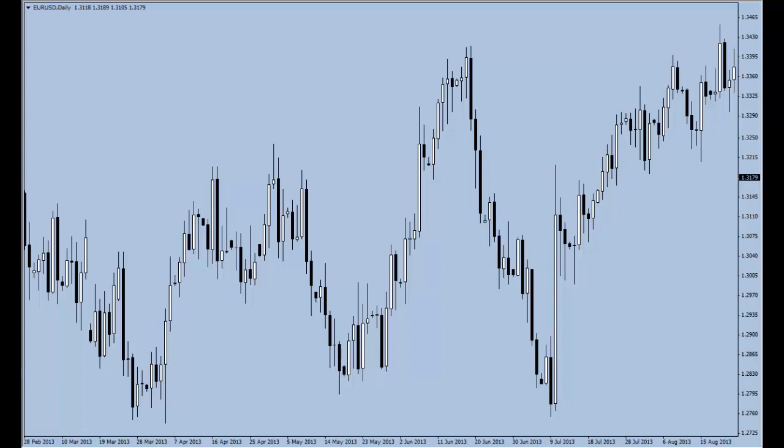Okay, so the concepts that we're going to employ and go over in this example are going to be beneficial to you going forward because it's the same type of thing you do over and over and over again, just on your own particular pair, or it could be a stock or a commodity, whatever vehicle or asset class you find yourself trading.